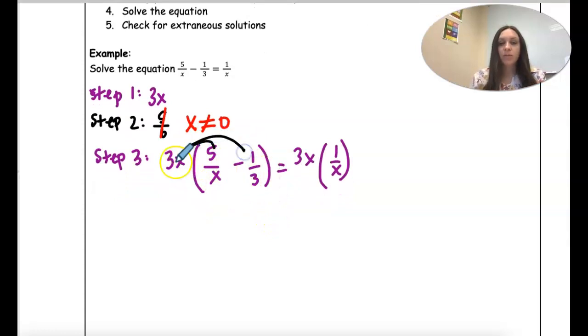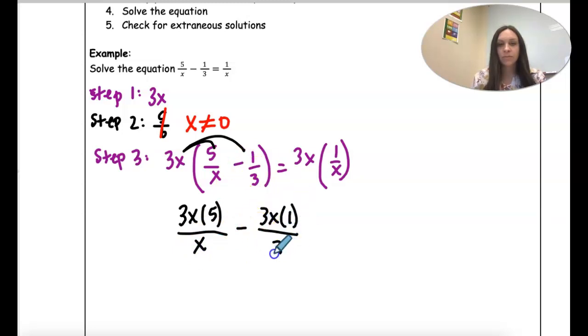But when we multiply that through, the 3x goes on the numerator of each one. So see, I just added 3x. I still have 5 over x, 1/3. And over here I have 3x over x times 1 over x.